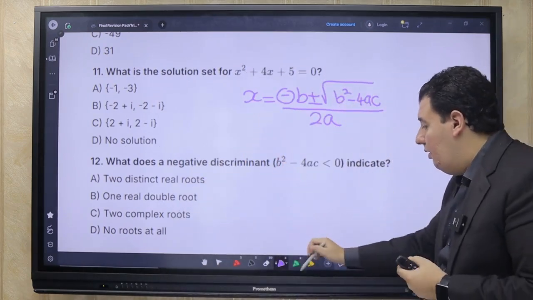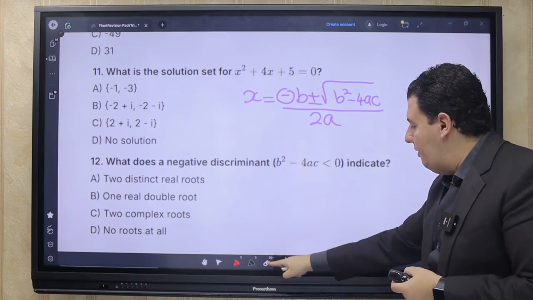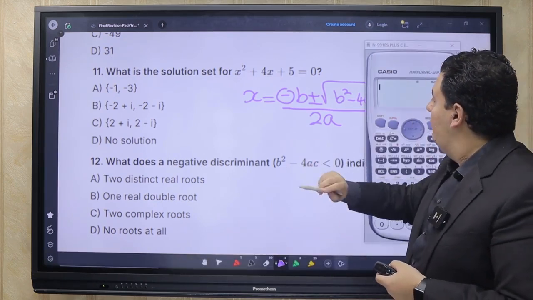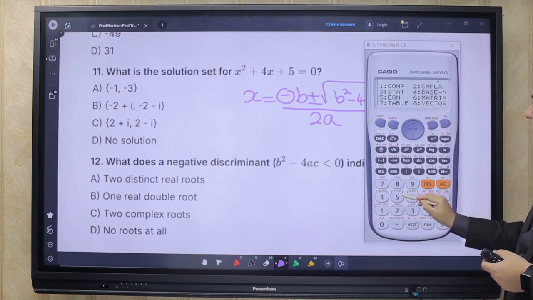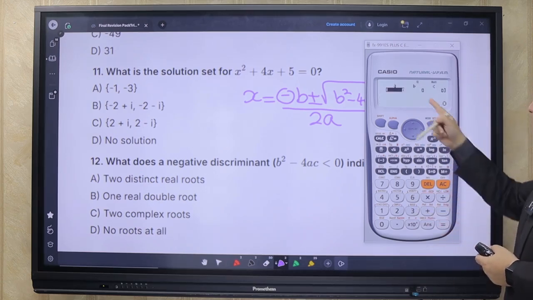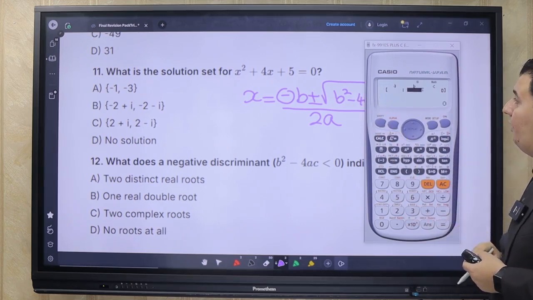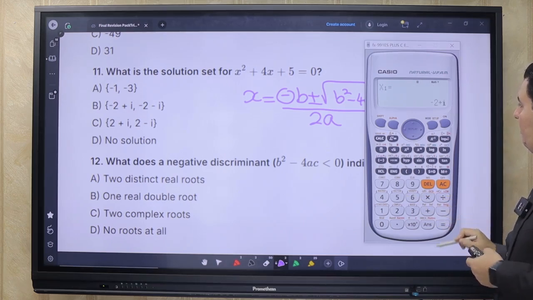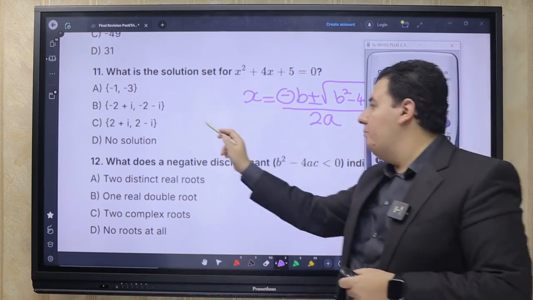Another solution is with the calculator, since the question is multiple choice. Mode 5, 3. A equals 1, B equals 4, C equals 5. x1 is negative 2 plus i and x2 is negative 2 minus i. We will choose letter B.